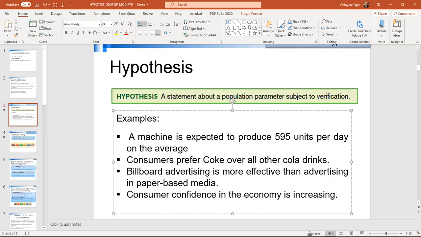So you take 60 days, and you calculate altogether how many were produced and the average number of units produced per day over the 60 days, and then you test the hypothesis. You say, all right, this machine is doing its job.